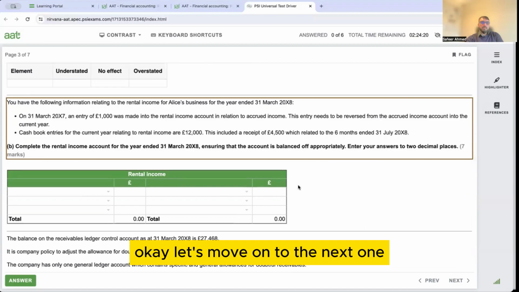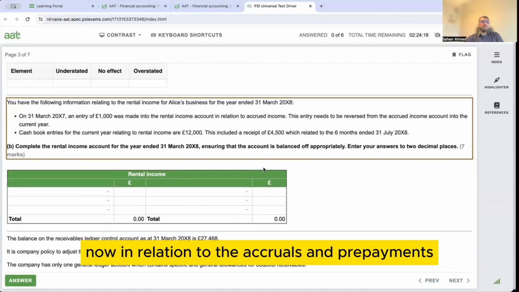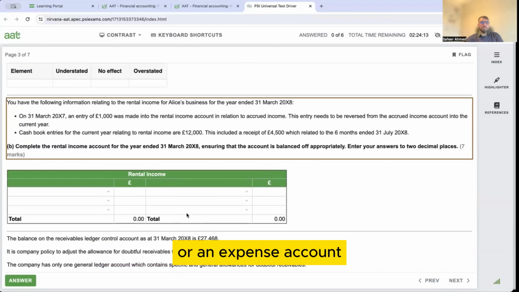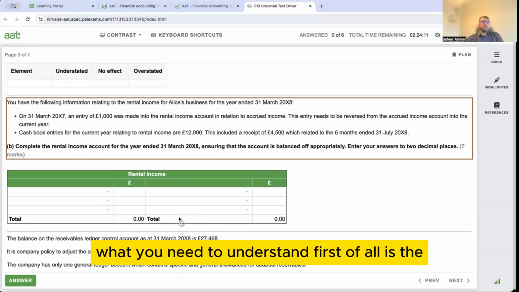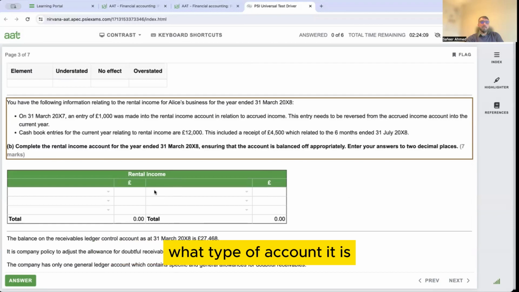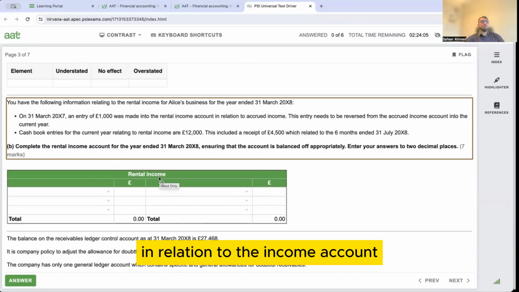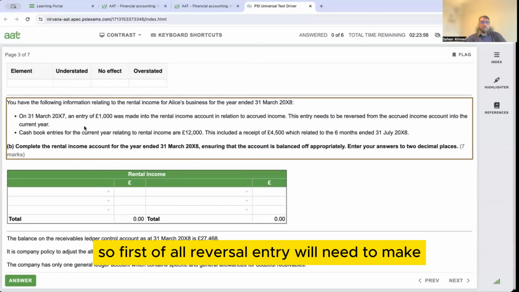Okay, let's move on to the next one. Now, in relation to the accruals and prepayments, they normally give you either an income account or an expense account. What you need to understand, first of all, is what type of account it is. It's an income account. And remember, there were the double entry rules in relation to the income account, which is increase in income credit and decrease in income debit. So first of all, a reversal entry we will need to make.